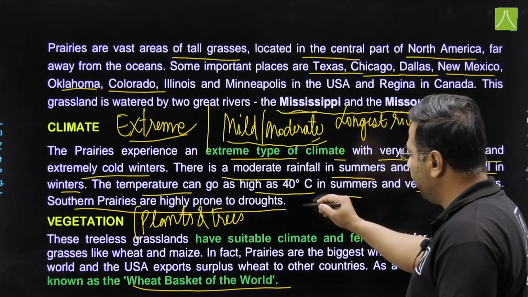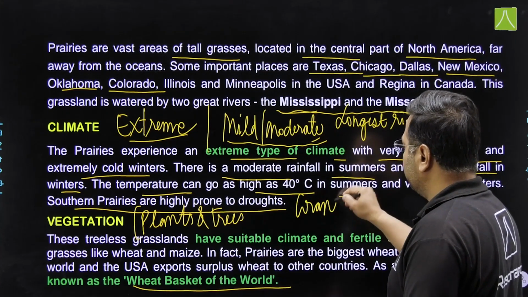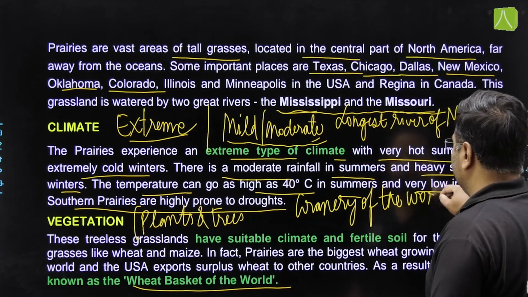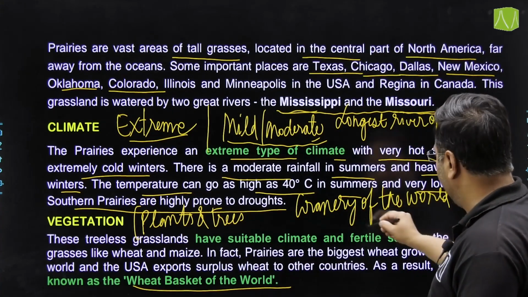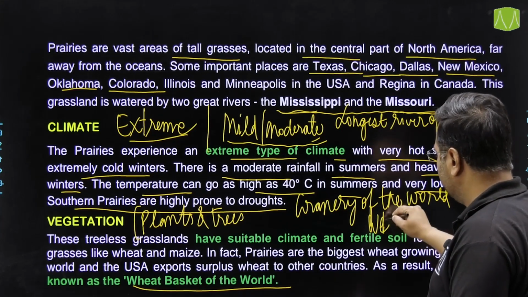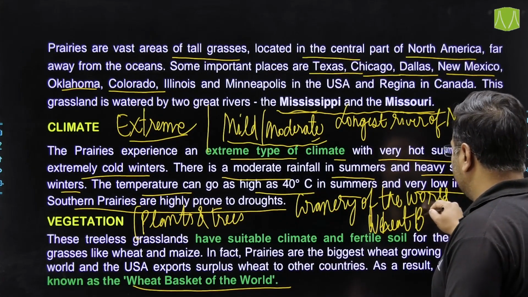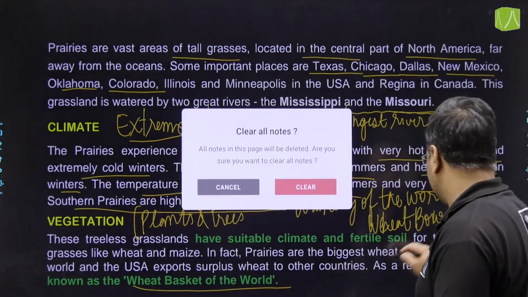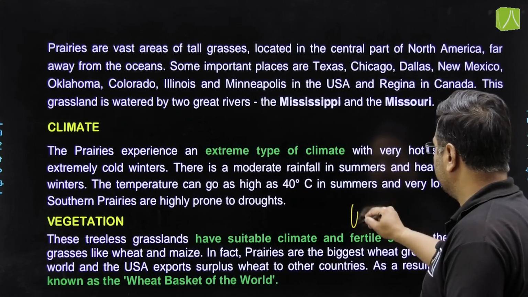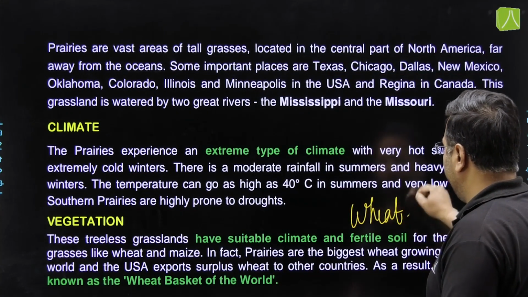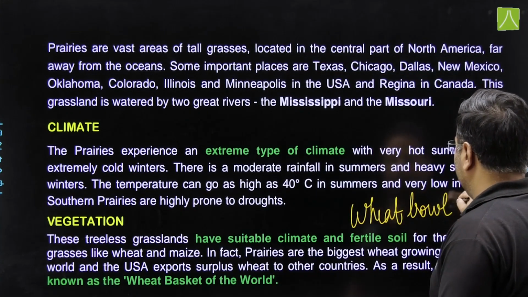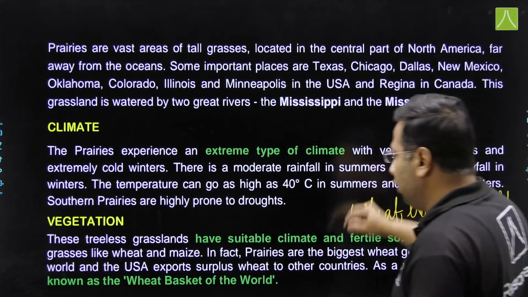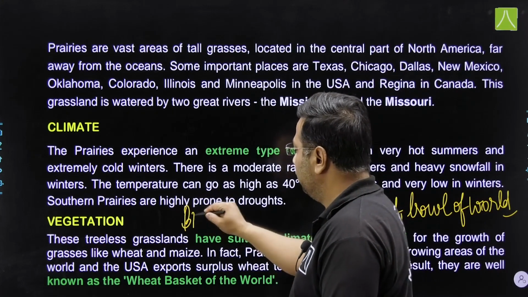It is also called the granary of the world, the wheat bowl of the world, or the bread basket of the world.